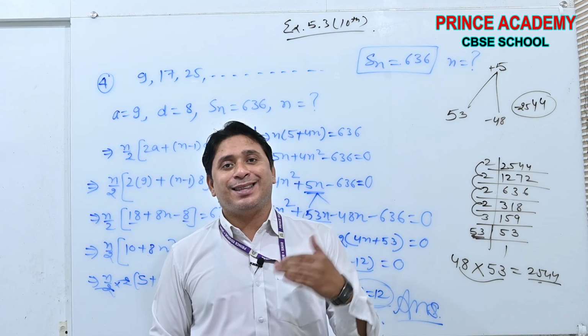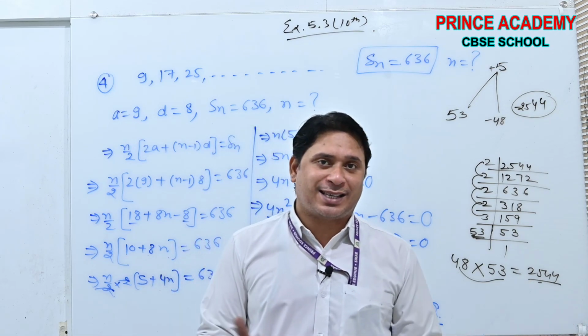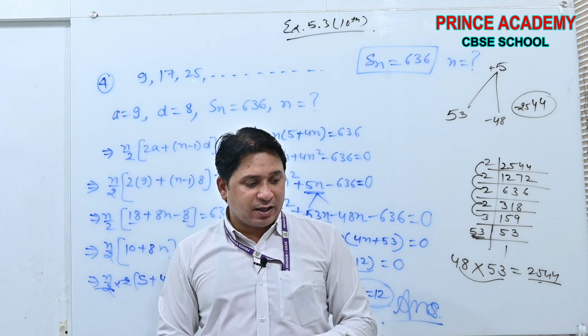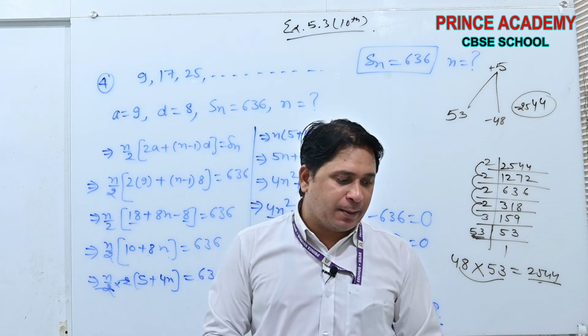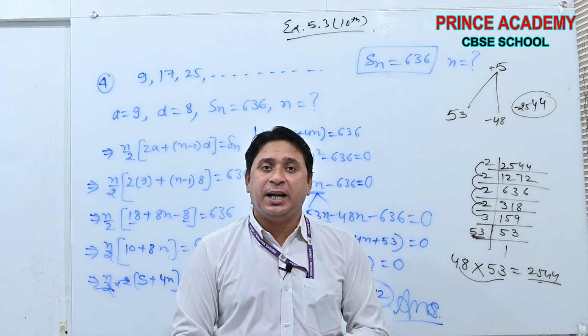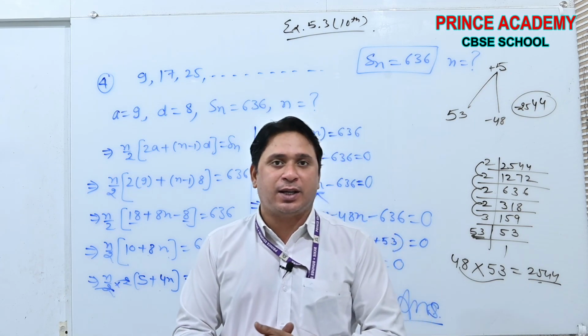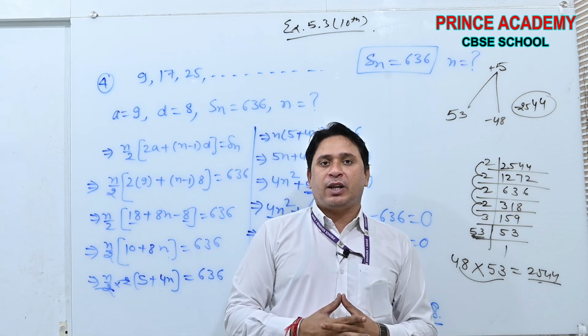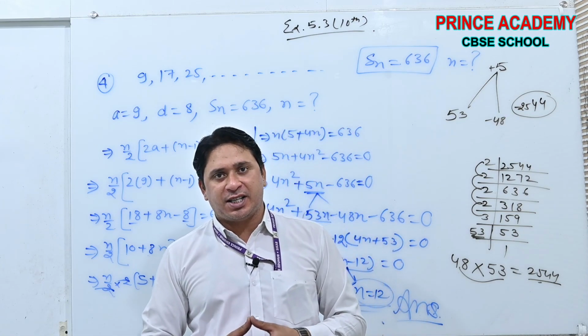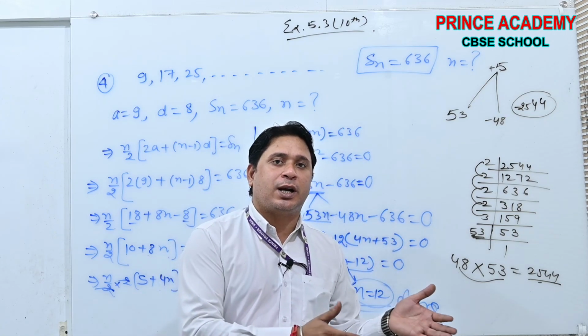From the next lecture we will continue the exercise 5.3. And I think within 2 lectures the 5.3 will be completed, and then in the 3rd lecture we will complete exercise 5.4, and hence the full chapter 5 is done. Then we will think whether we should go for the previous year strategy or start the new chapter.